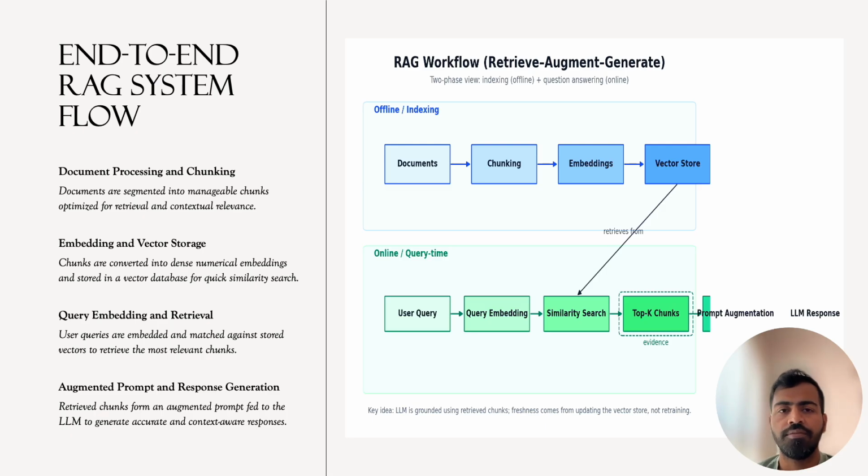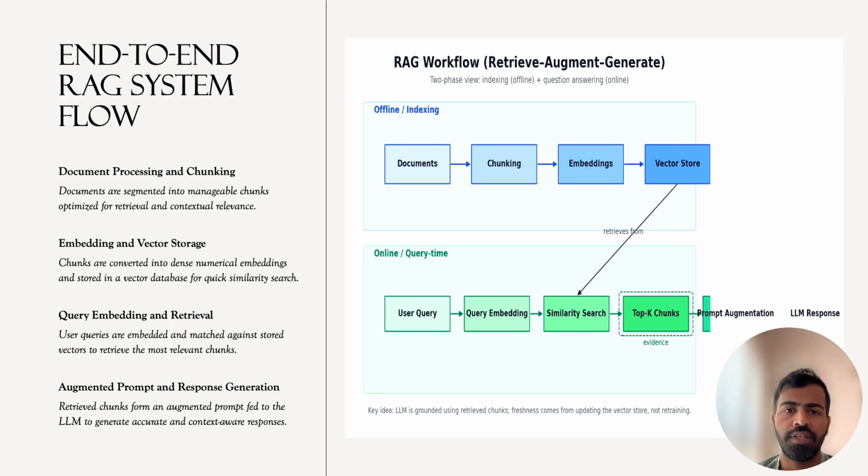At query time, the user question is also embedded and we run a similarity search against the vector store. We retrieve the top k best chunks, commonly 3 to 5 depending upon complexity. Then we build an augmented prompt: order the chunks, dedupe overlaps, and stay within token limits.